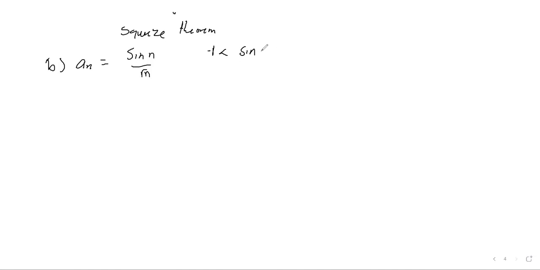So the sine of n is less than 1. If I put root n here, I should put root n here. I'll put less or equal because we are able to obtain 1 when sine is, say, 90, and -1 when n is equal to 7.